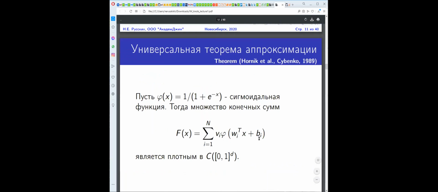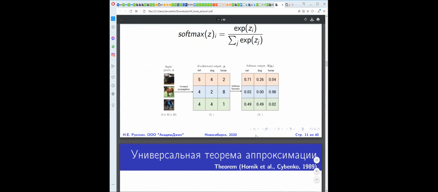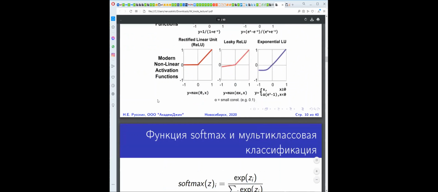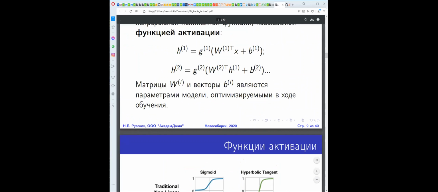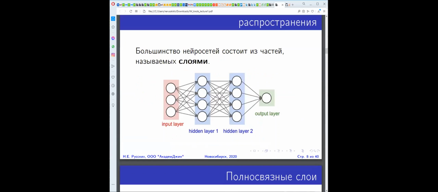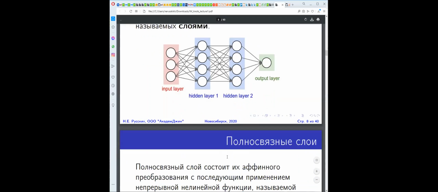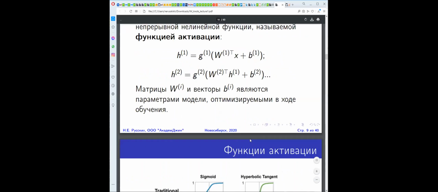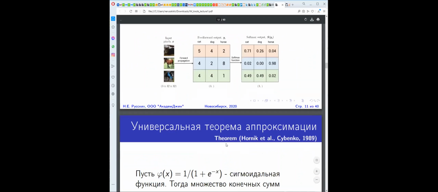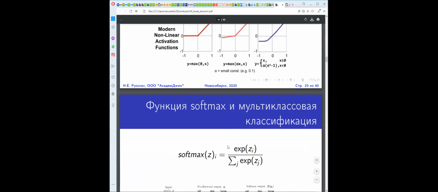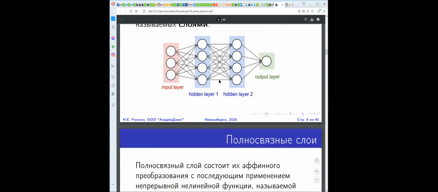Давайте, наверное, вернемся. Вот здесь x в данном случае размерности 3, n у нас в данном случае имеет размерность 4, а вот этого второго слоя его нет. То есть по этой теореме второй слой не нужен.